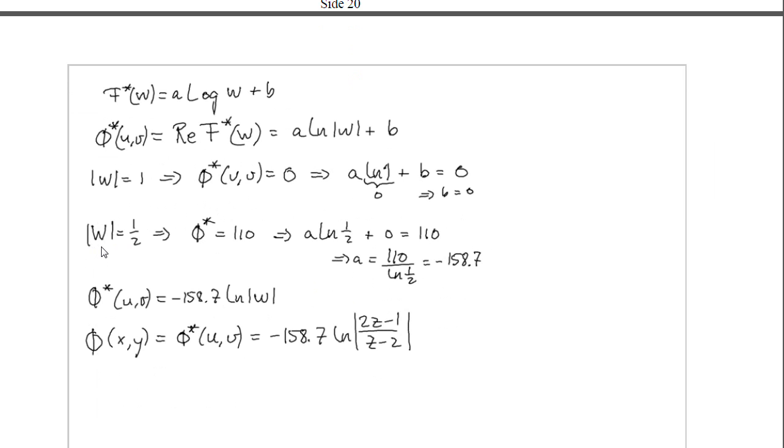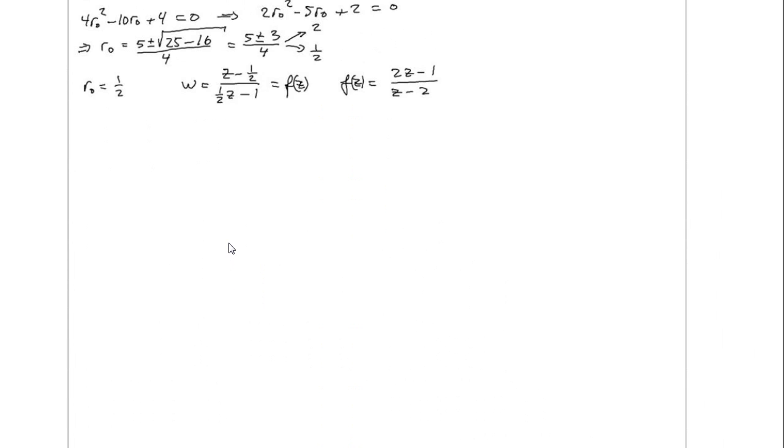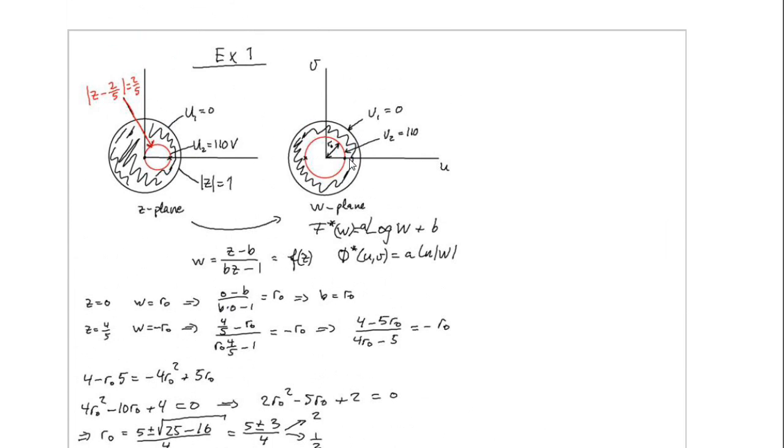Well, the value of A is found by knowing that on the inner circle, which has the radius equal to R0, which we have found was equal to 1/2, then the potential is equal to 110. Let's go back and just see this. So on this inner circle with radius R0, which we have computed is R0 equal to 1/2, the potential is equal to 110.